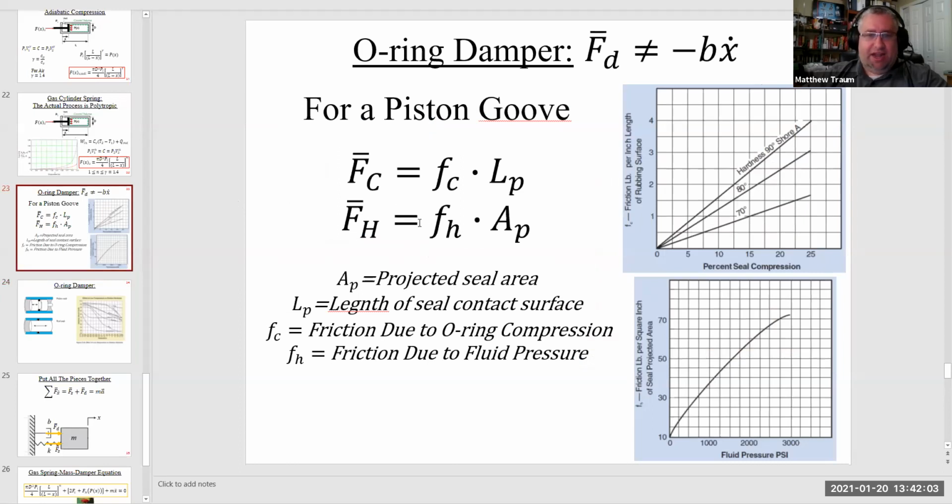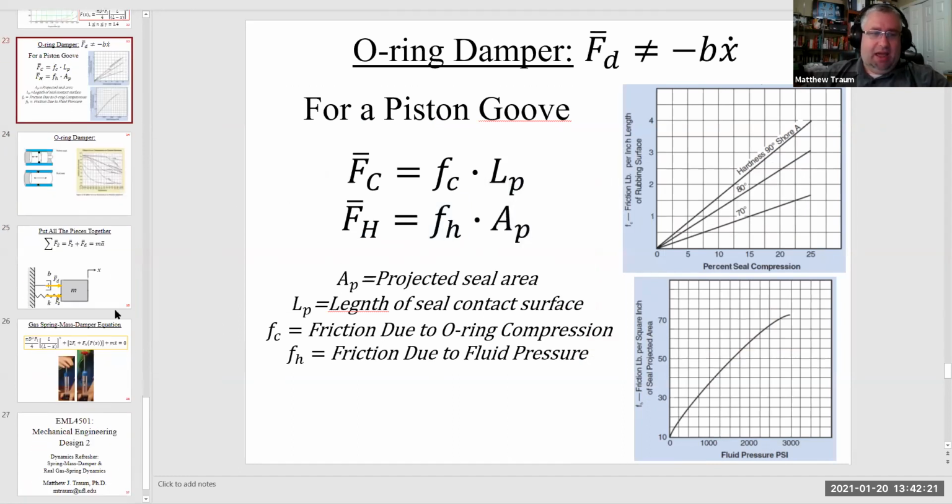F sub H, how do I get F sub H? Well, I pull that off of this chart. I need to know the fluid pressure, which again, I can get from thermodynamics, and just use the fluid pressure to determine lowercase F sub H. And that's what gets plugged in here. And then I need an LP and an AP. Where do I get those? Well, those come out of a table in the Parker Handbook.